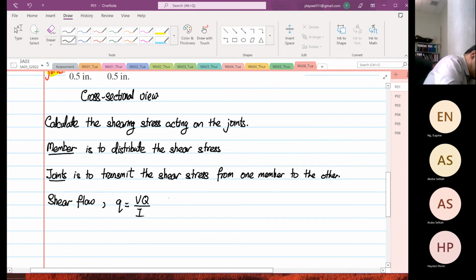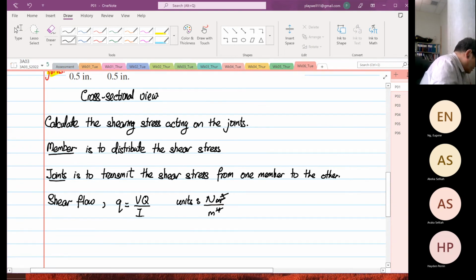In terms of units, this is Newton meter cubed over meter to the 4th, so you cancel and get Newton per meter.